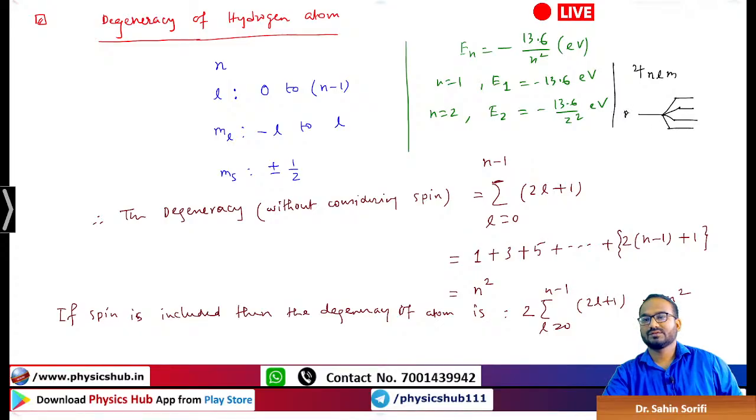So, if it is the nth state, the degeneracy will be n square if spin is excluded. So, a state designated by the principal quantum number n will have n square number of eigenstates. So, n square number of states will have the same energy.